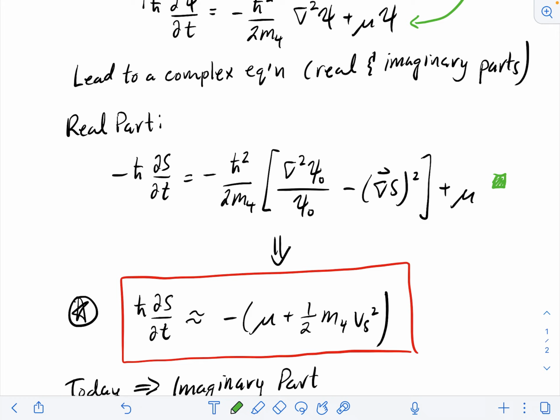This is an energy equation. On the right-hand side, we have the chemical potential, which last time we interpreted as the potential energy per particle. And the second term on the right-hand side is clearly a kinetic energy, 1/2 m v squared.